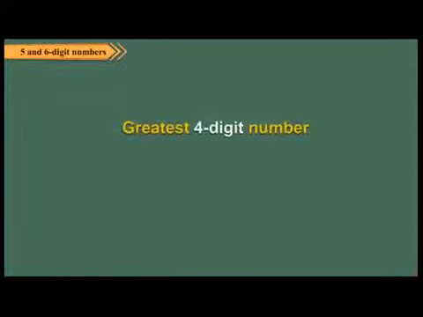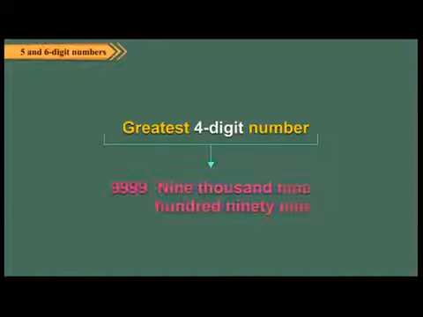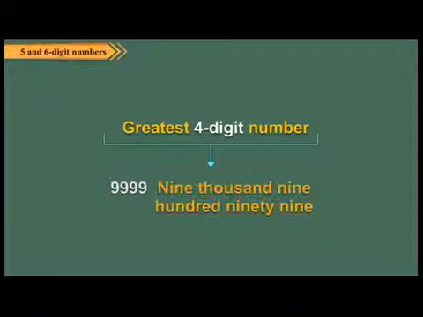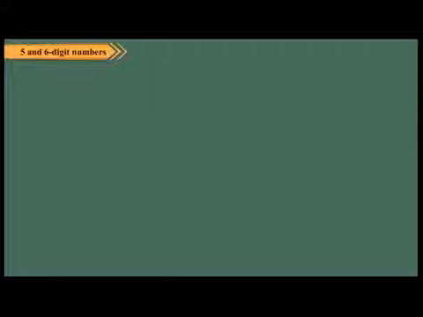Numbers go on increasing in this way and we come to the greatest 4-digit number, 9999. It is read as nine thousand nine hundred ninety-nine. Do you know what happens when we add 1 to 9999?